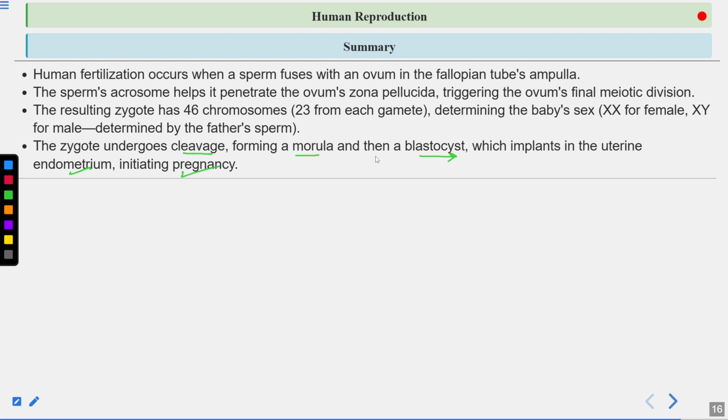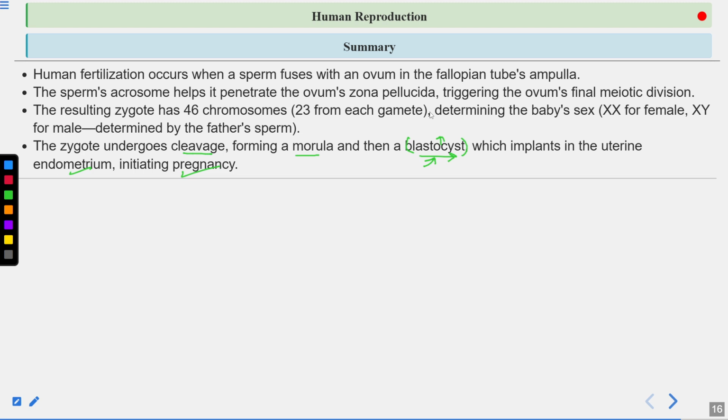Blastocyst, we have already discussed, consists of inner cell mass. Okay, it consists of blastocele. Okay, and we have discussed the role of trophoblasts. So trophoblasts are specialized cells that form the outer layer of the blastocyst. And it consists of inner cell mass also, which will form the embryo or the fetus, you can say.